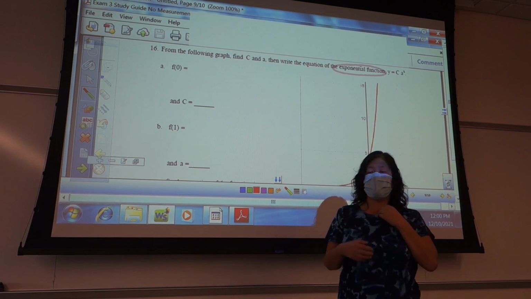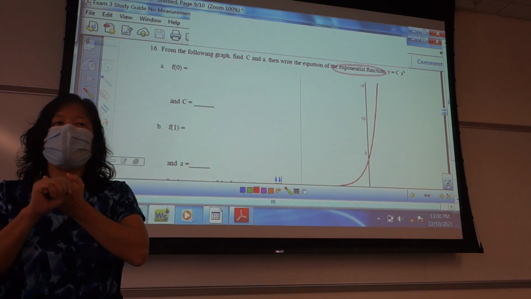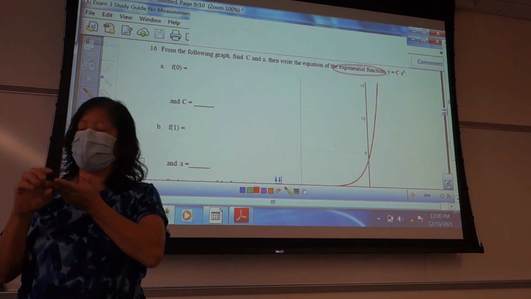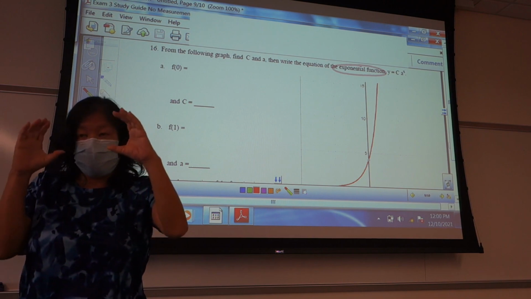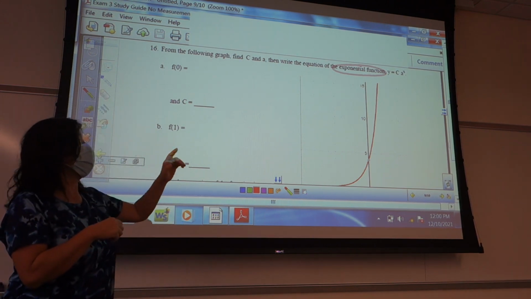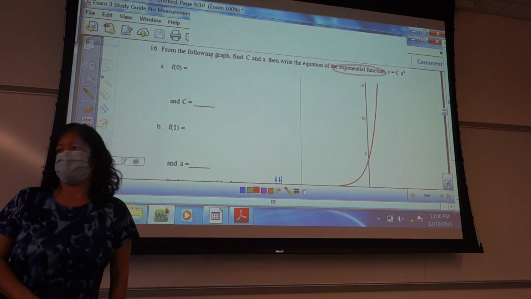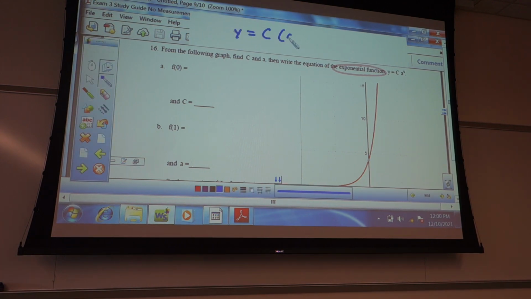So every time you see something that says exponential, or log, or inverse, or direct, flip to those formulas at the very front of the exam, and it'll say exponential, y equals c times a to the x.